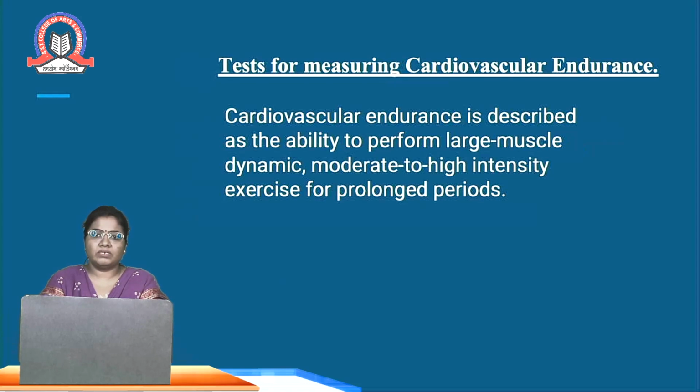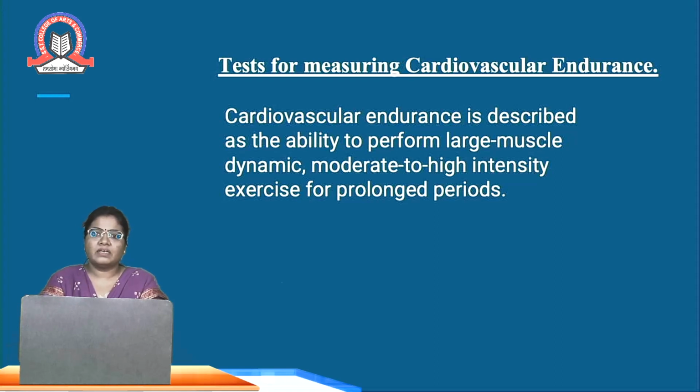First, we are going to see tests for cardiovascular endurance. Cardiovascular endurance is described as the ability to perform large muscle dynamic, moderate to high intensity exercise for prolonged periods.